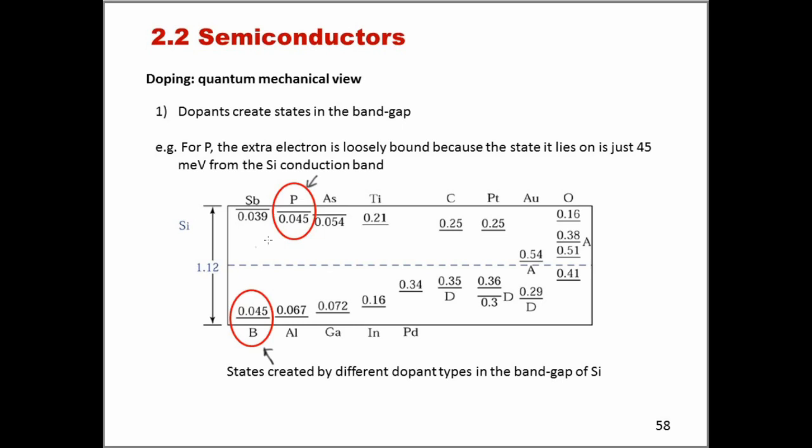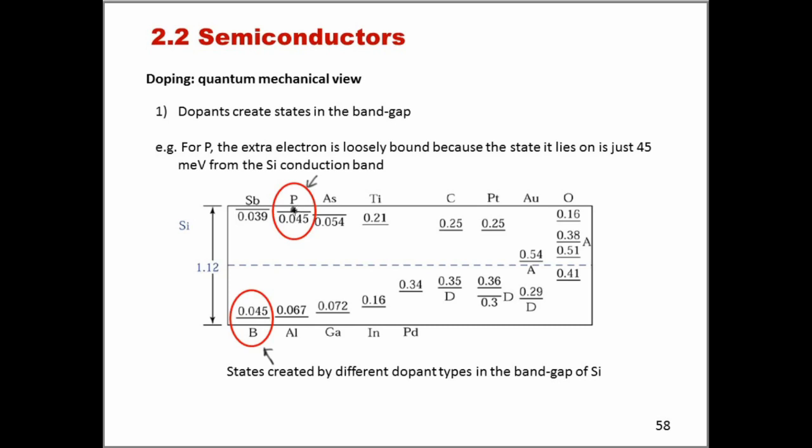Now, the fact that these states are relatively close to either the conduction band for donor dopants or the valence band for acceptor dopants means that with thermal energy, these states, for example the states of phosphorus, accommodate one electron, the extra electron from phosphorus.